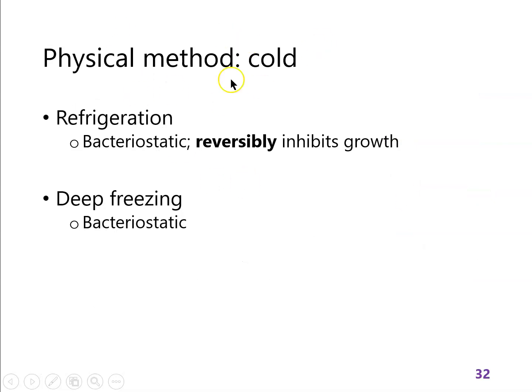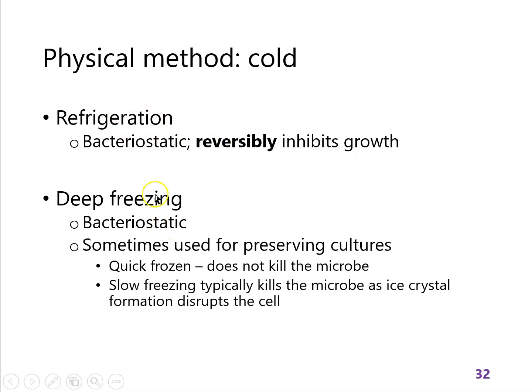I mentioned cold when talking about milk and food products. Cold in refrigeration is bacteriostatic. Deep freezing, so something like minus 80 Celsius, is a deep freeze. It's a temperature you never encounter on Earth outside of Antarctica, but we have freezers that get to those temperatures in laboratories.